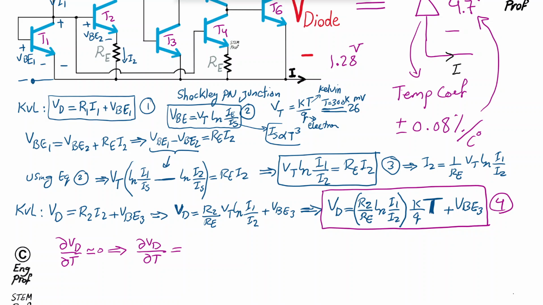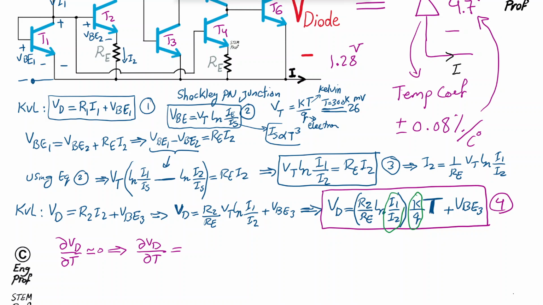And as you can see, one of the nice things in this design is this. Take a look. This component that is multiplying the temperature, effectively we can assume is not a function of temperature. The reason for that is, of course, k and q, the Boltzmann constant and electron charge, are fixed known constants, so we are okay about them.